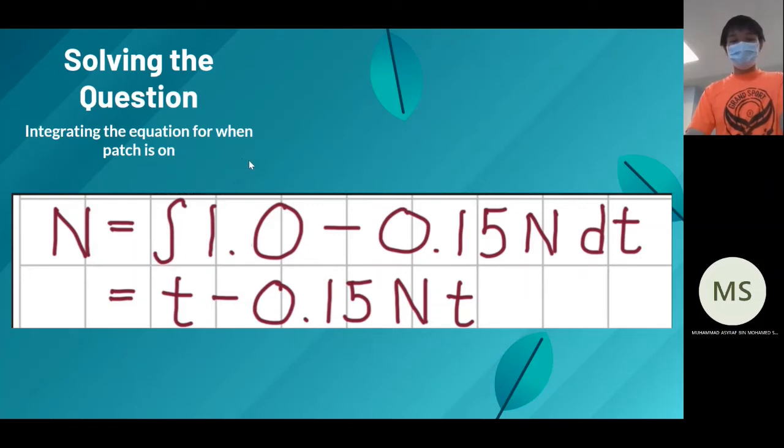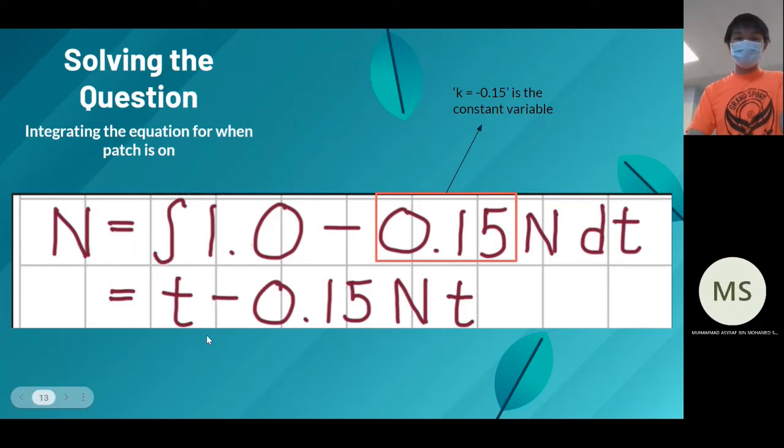So in order to solve part 2A, we need to integrate the equation for when the patch is on, which is dN over dt equals N naught plus Kn, and we need to sub in K equals negative 0.15 as it is a constant given in the question. Doing so will result in the equation T minus 0.15 NT.